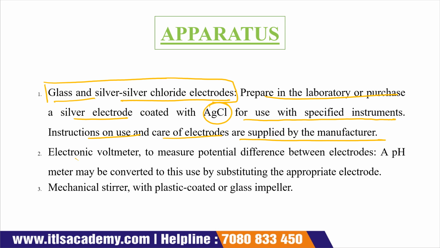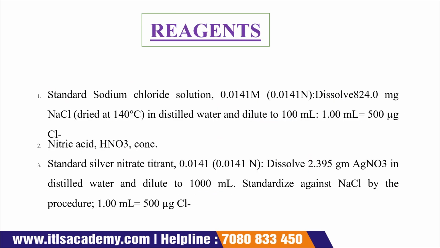The next apparatus is an electronic voltmeter to measure the potential difference between the electrodes, or a pH meter converted to this use by substituting the appropriate electrode. And the next apparatus is a mechanical stirrer with a plastic coated or glass impeller.